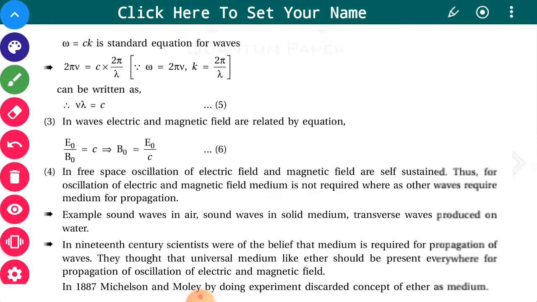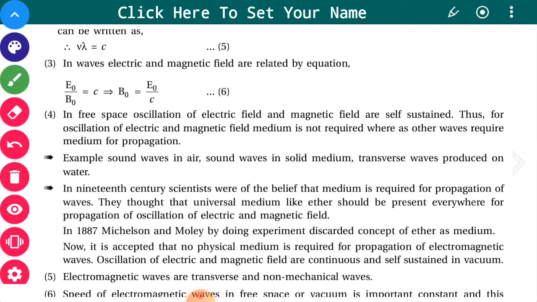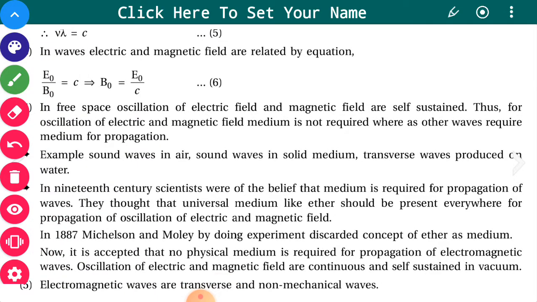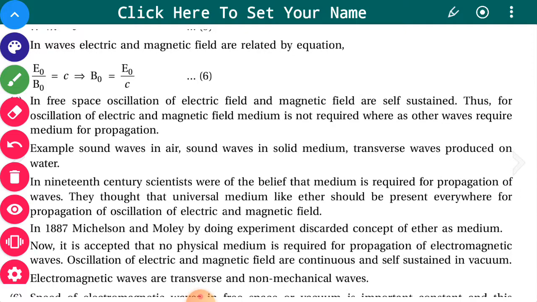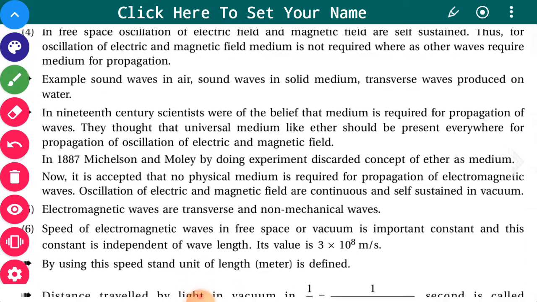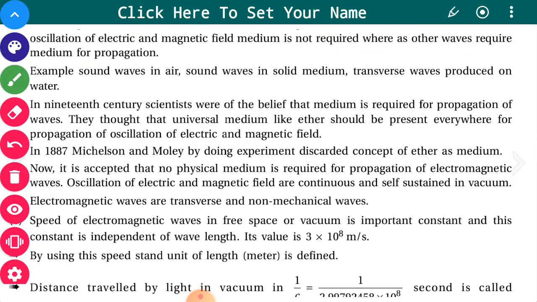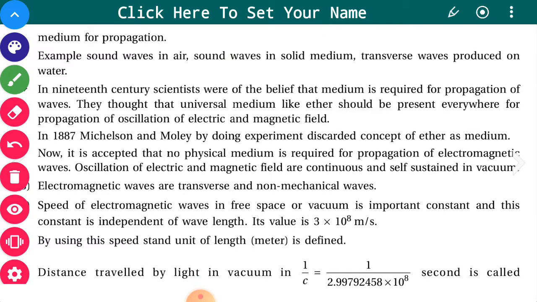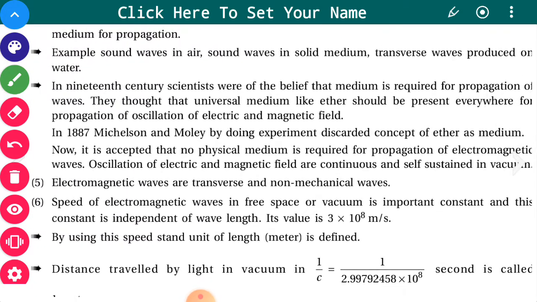Okay. Now fourth property, in free space, oscillation of electric field and magnetic field are self-sustained. Thus, for oscillation of electric and magnetic field, medium is not required. Without medium, electromagnetic waves can propagate. Sound waves require medium, but electromagnetic waves, which are transverse waves, as you know, do not require the medium.